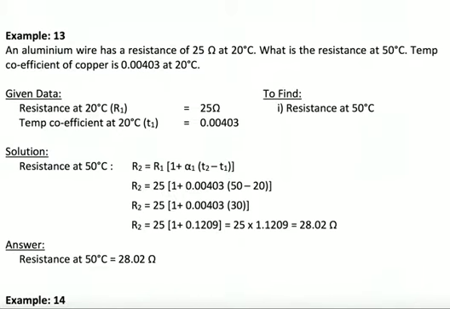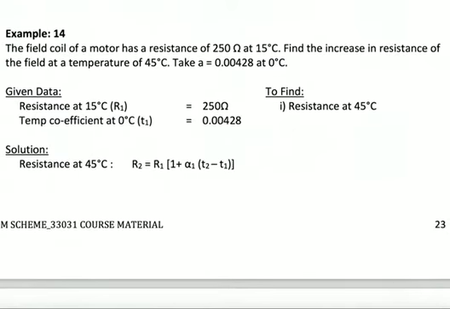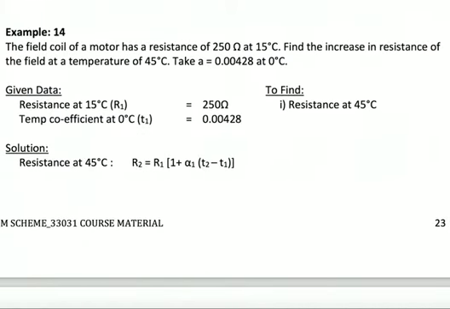So aluminum wire has a resistance of 25 ohm at 20 degrees C. What is the resistance at 50 degrees C? Temperature coefficient is given at 20 degrees C. No problem. You can use the second formula, R2 equal to R1 into 1 plus alpha 1 into T2 minus T1. The field coil of a motor has a resistance given.